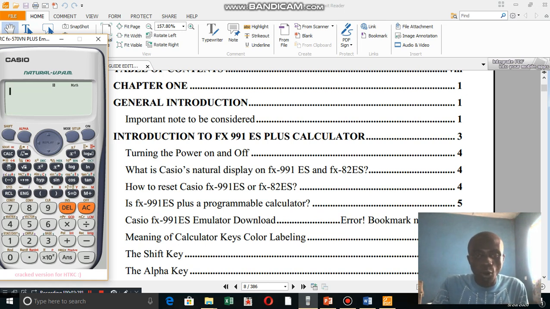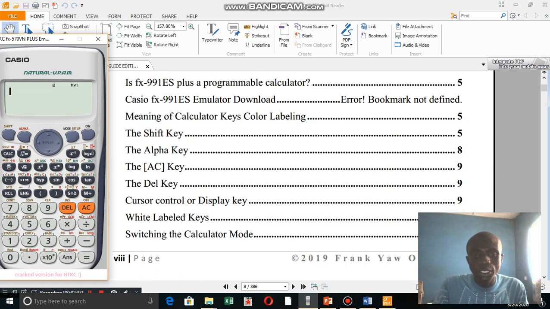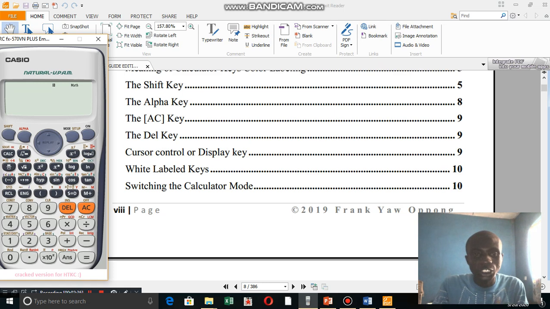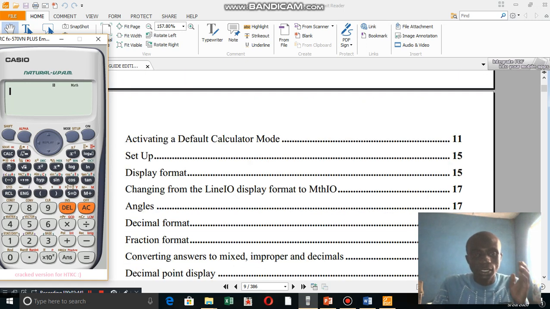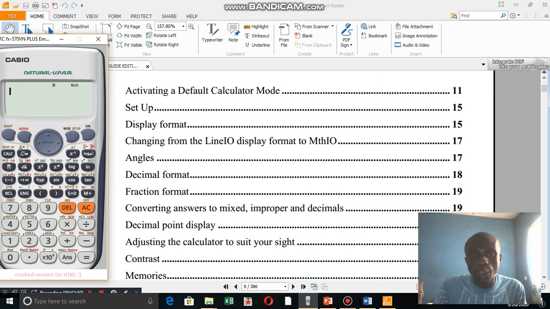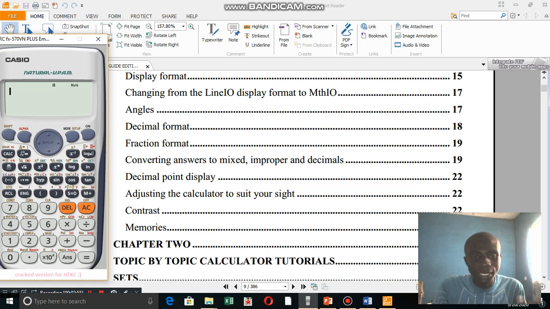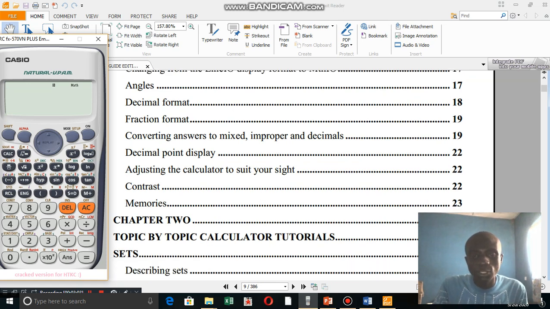We have how to turn the power on and off, what is Casio natural display, how to reset the Casio FX-991, meaning of the calculator keys, color labeling, the shift key, the alpha key, the AC key, the delete key, the cursor control, display white label keys, activating the default calculator mode, setup display format, changing from line IO display format to math IO, angle and decimal format, fractional format, converting answers to mixed, improper, and decimal display, adjusting the calculator to suit your sight, contrast, and memories.